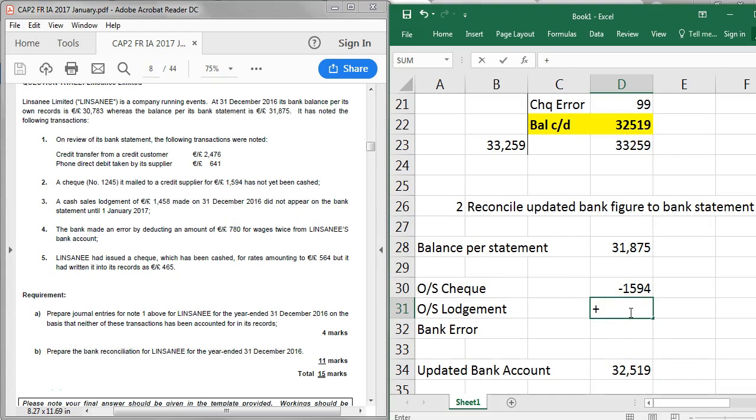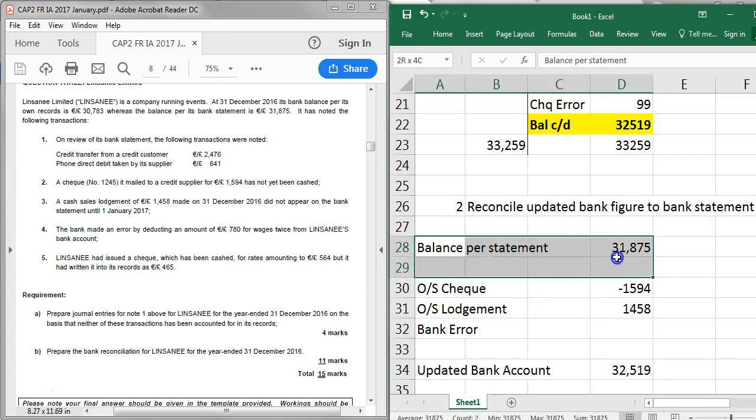So that's going to be plus 1458, because it's in the bank account, but it's not in here. And when you're reconciling this way, you have to be careful to add it on. Which one you start with will dictate whether it's a positive or negative. If you start with a bank account, you'll have to switch signs.